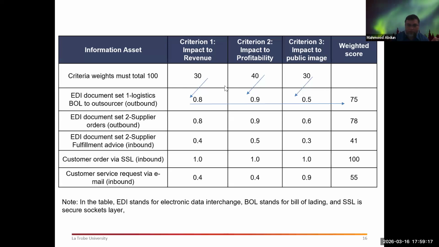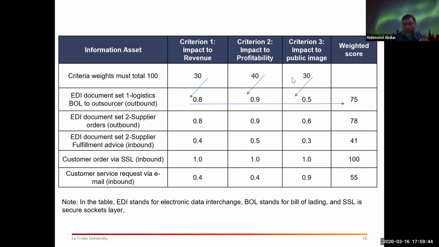In this case, they're assigning the relative importance of these criteria. The most important for this organization is profitability, so they put 40% here. And the impact to revenue and the public image is equal, 30-30 each.